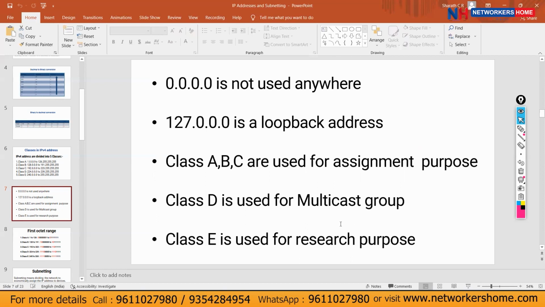Again, we will get to know when we start routing protocols. Class E is reserved for research purposes. And we use class A, B, C for assignment of IP addresses to devices in the network.